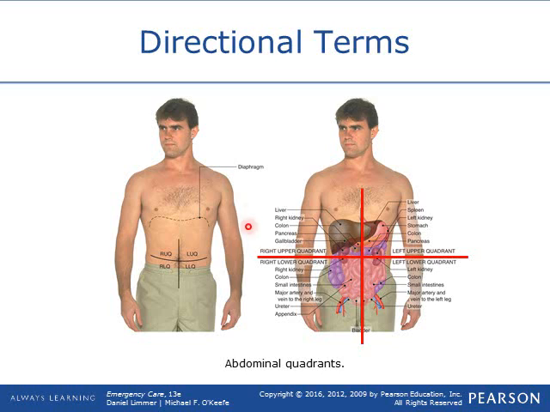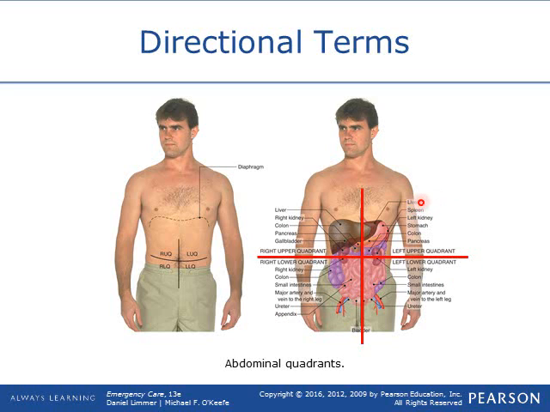So right upper quadrant, you've got the liver, the kidneys, colon, pancreas, and the gallbladder. Right lower, mostly intestinal stuff, a little bit of the right kidney, colon, small intestines. You've got some major arteries and veins that run in through there, as well as your appendix.